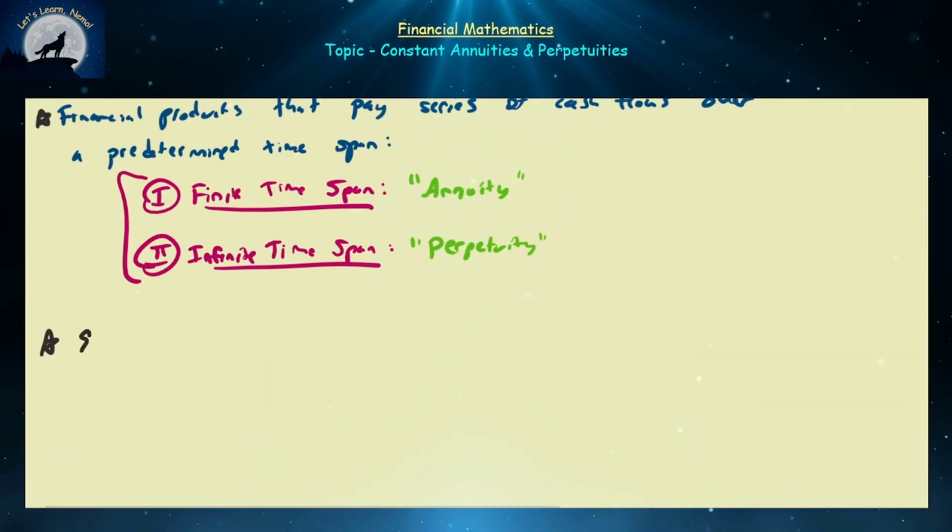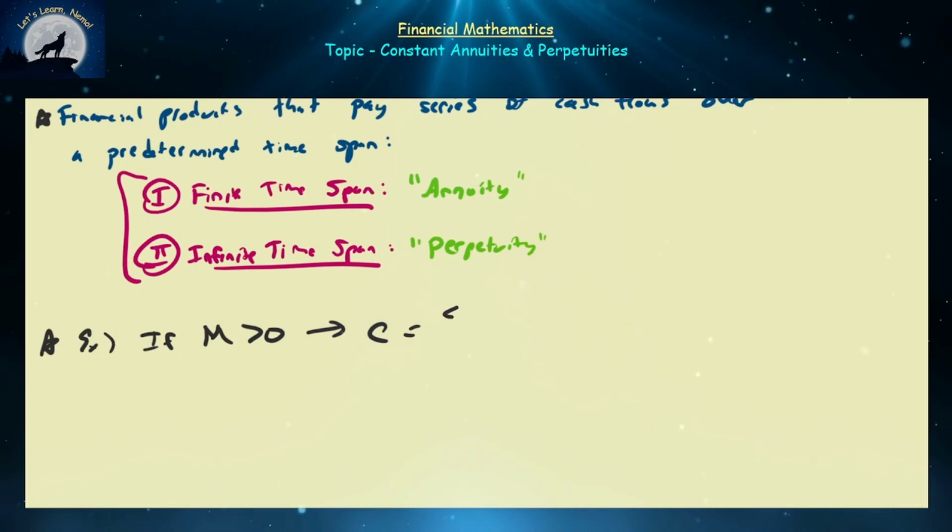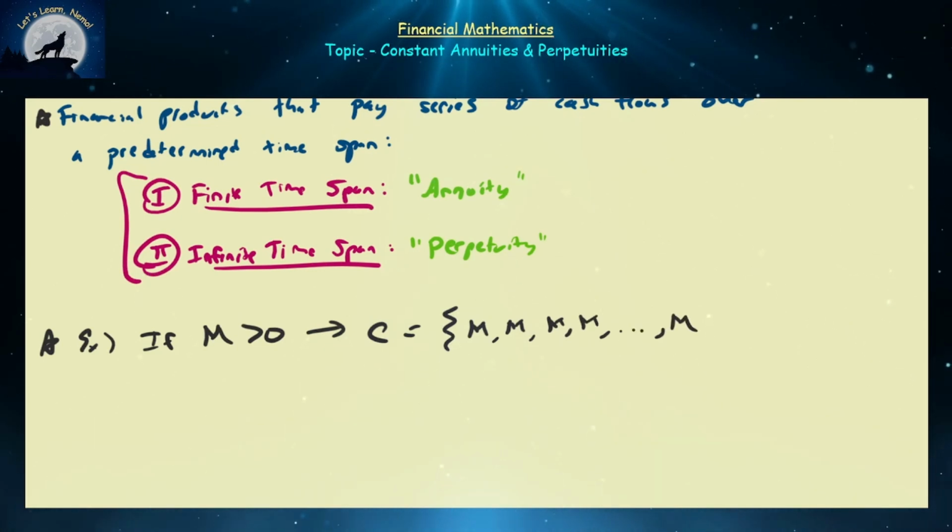For example, if our M value is greater than 0, with a sequence that looks like M, M, M, M, all the way down to M, and let's assume that this occurs at t equal to 1, 2, 3, 4, all the way down to 50, and it stops at 50, then what exactly is this product?